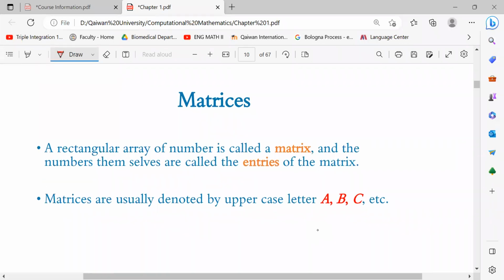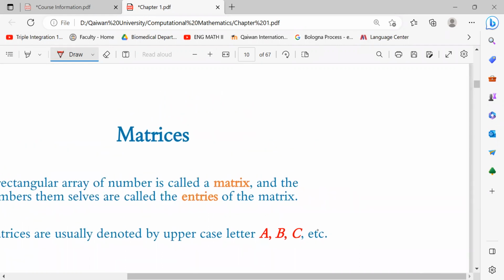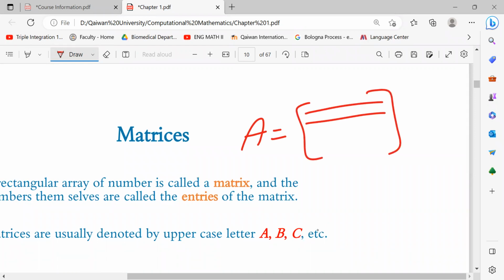Then we have matrices. In matrices, we have two dimensions: rows, which are the horizontal ones, and columns, the vertical ones. The rows and columns are numbers arranged horizontally and vertically.